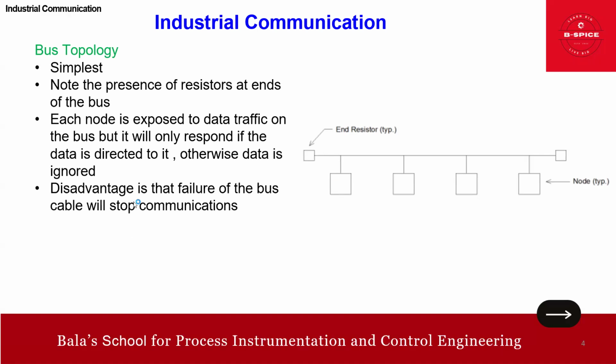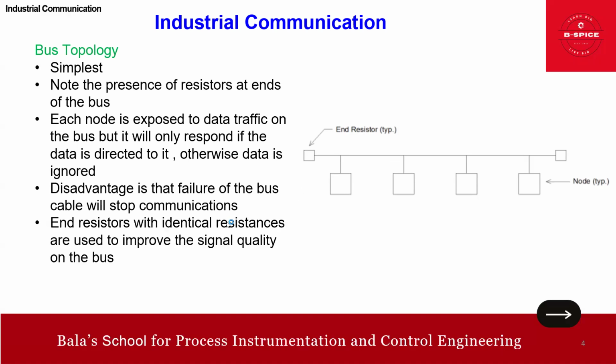The disadvantage is that the failure of the bus cable will stop the communication. Obvious, right? End resistors with identical resistance are used to improve the signal quality on the bus. This is the point we need to note.